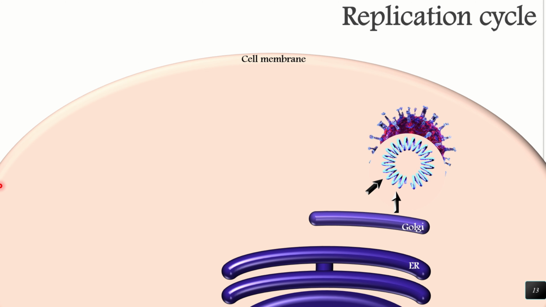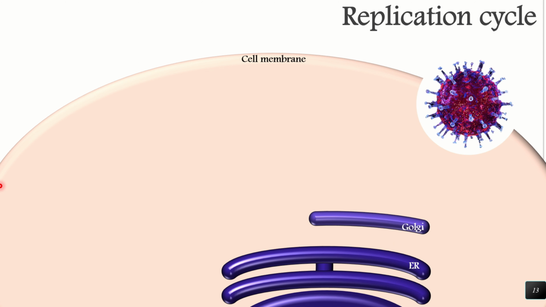Fourth step, release. The viral progeny are finally transported by Golgi vesicles to the cell membrane, and are exocytosed into the extracellular space, where the new virus will find another cell to infect and repeat the cycle.